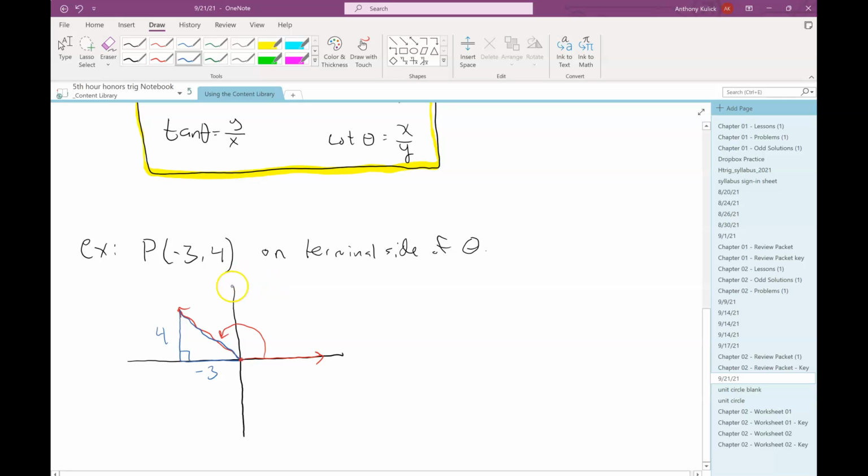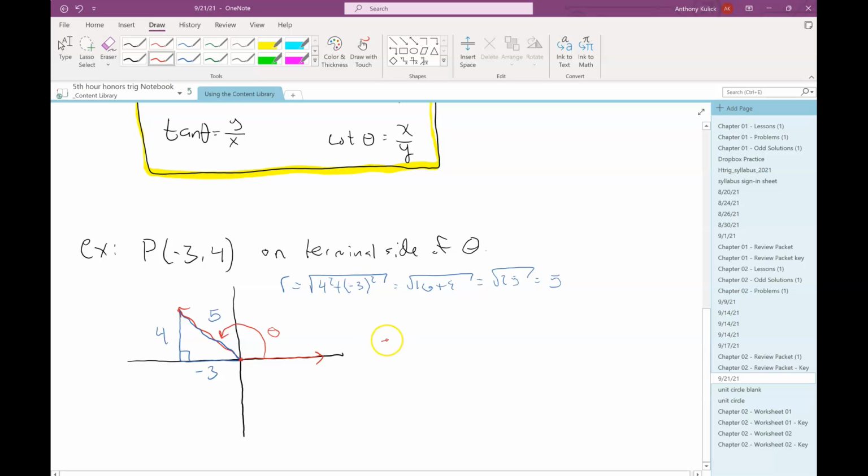To find r then, I can just do the square root of 4 squared plus (-3) squared. So the square root of 16 plus 9, that's the square root of 25, so that's just 5. Everybody's okay with that?